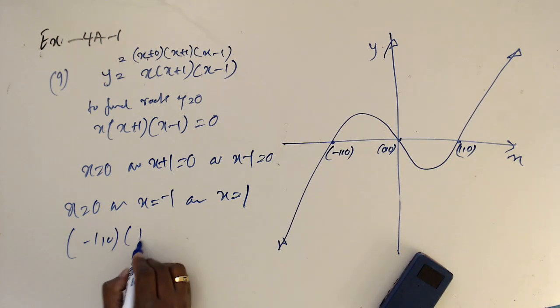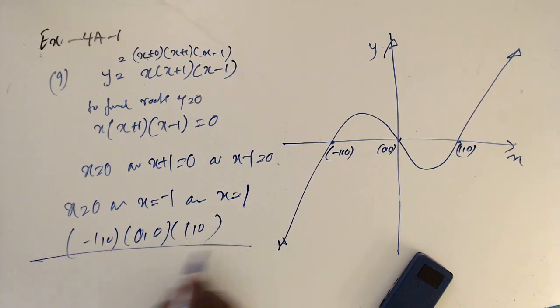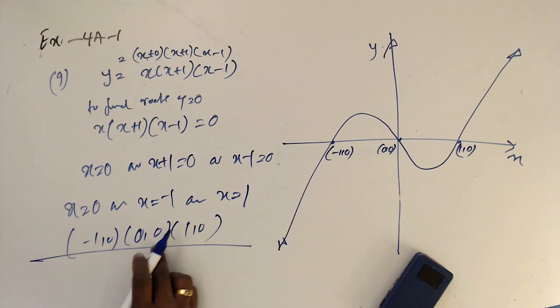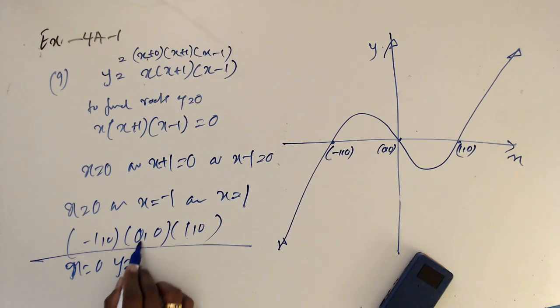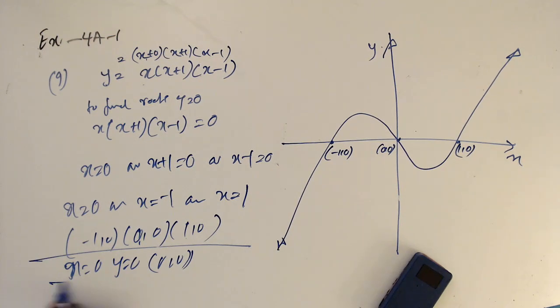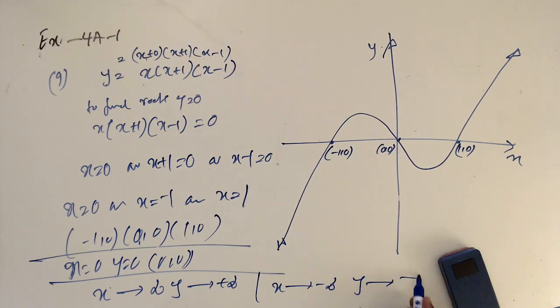Minus 1, 0; 0, 0; and 1, 0. And we don't need to find when x equals 0 because we know y equals 0 here. And then again I rewrite: x goes to positive, y goes to positive, and x goes to negative, y goes to negative.